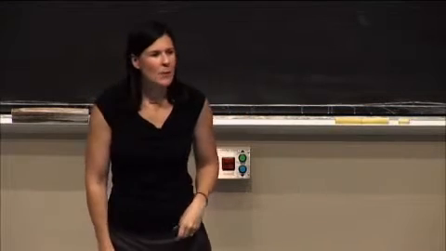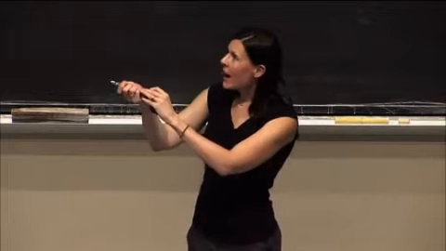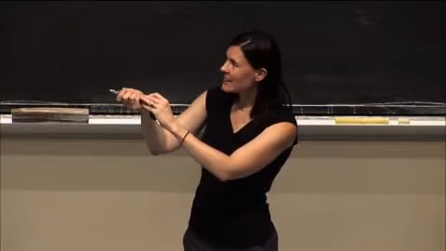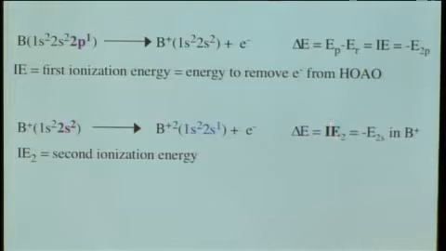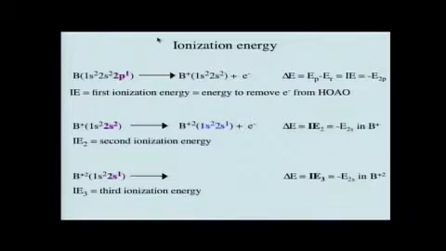And what we say when we talk about the delta energy is that this is going to be equal to IE2, or the second ionization energy, or we could say the negative of the binding energy of a 2s electron in B+. So it's important to note that it's not in B. Now we're talking about B+, because we've already taken an electron out here. Similarly, if we start talking about our third ionization energy, this is going from B2+ 1s2, 2s1.